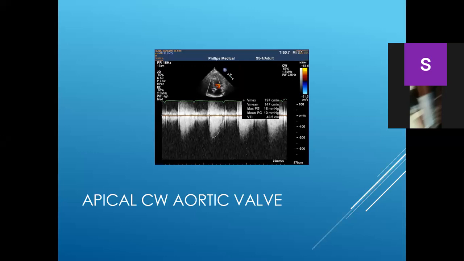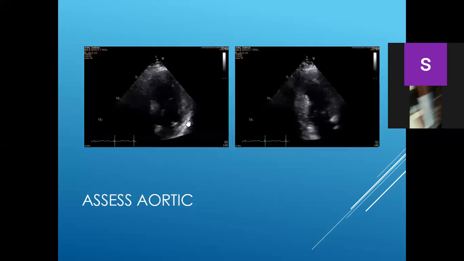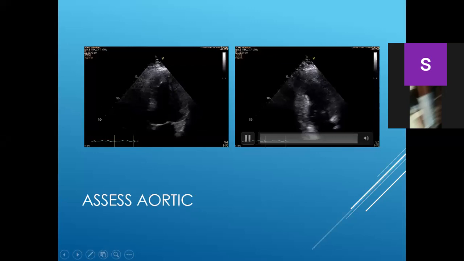But the catch is that the earlier pictures showed concentric LVH.